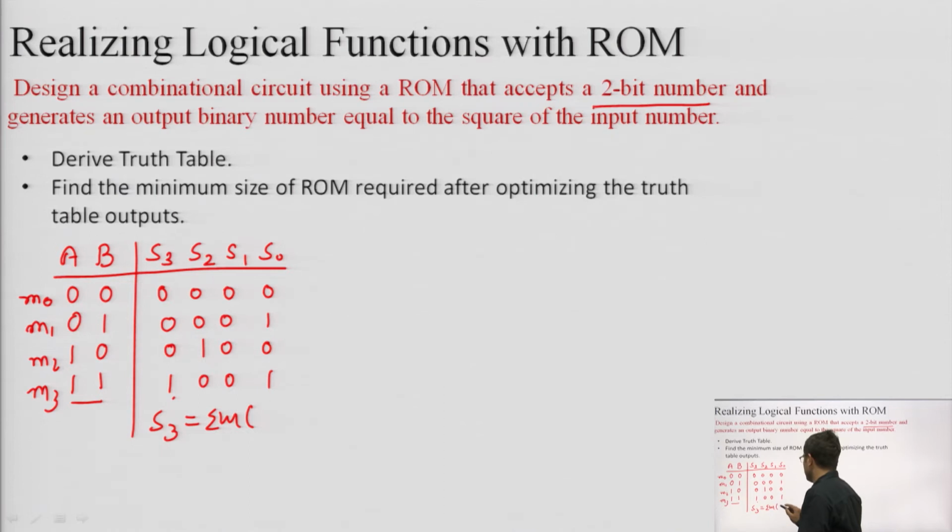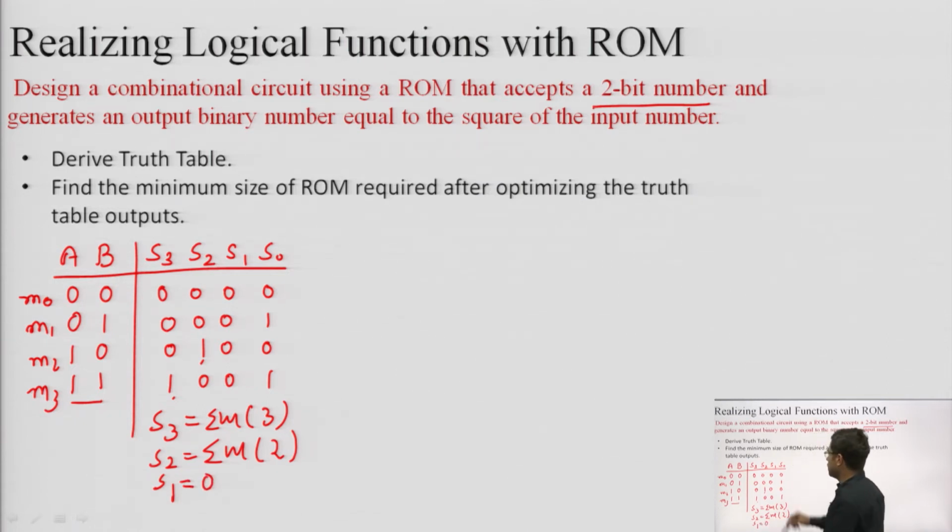Which minterm will be there? Third minterm. Similarly, S2 will be equal to the minterm corresponding to 2. Similarly, for S1 there is no minterm, so S1 is equal to 0, and for S0 there are 2 terms, which are 1 and 3.